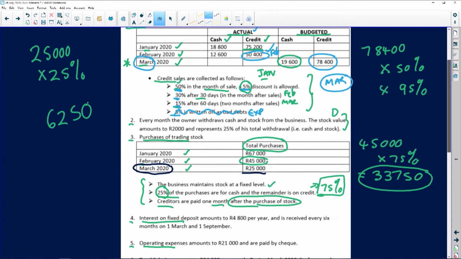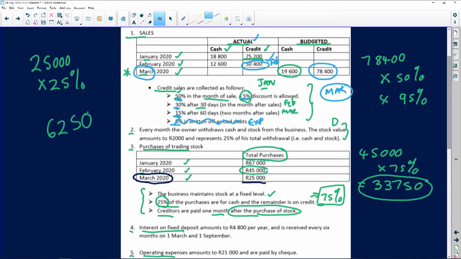Okay, so let's start off by looking at information 2, because we clearly did not look at that info. So remember, information 1 is sorted, so I'm just going to cross that out. Every month, the owner withdraws cash and stock from the business. The stock value amounts to 2,000 Rand and represents 25% of his total withdrawals, in other words, cash and stock. Now, remember what I said earlier on, mindsetters.